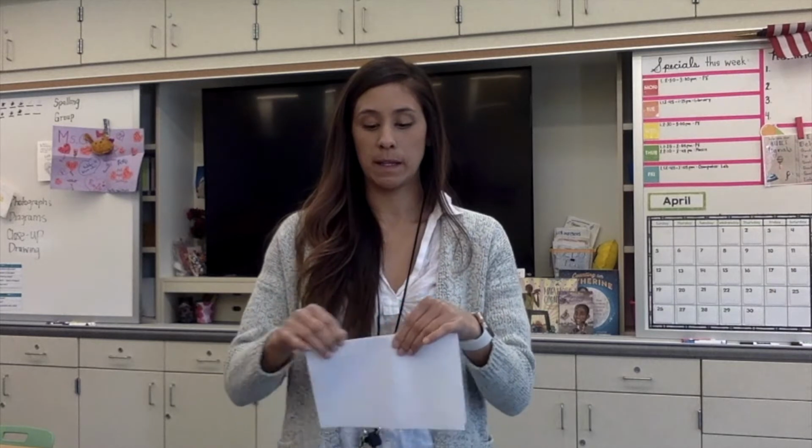So I'm just going to start by folding my sheet of paper into halves horizontally, okay? So I make my crease nice and straight, and then I open it up. Okay, so then I have 2 shares, and then I actually need 4, so I'm going to go ahead and fold it now vertically.